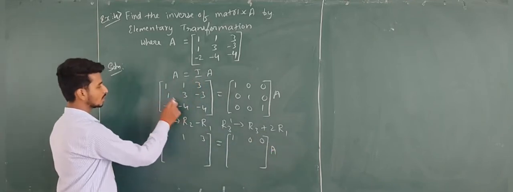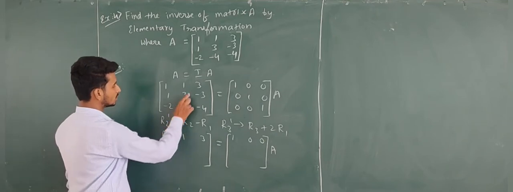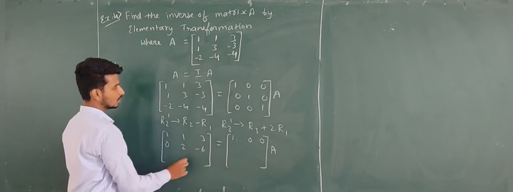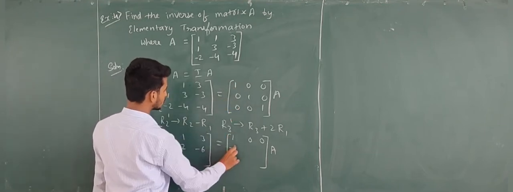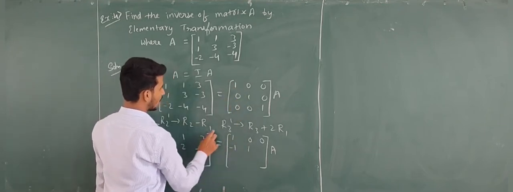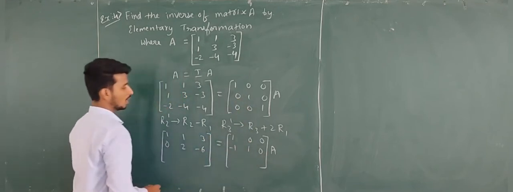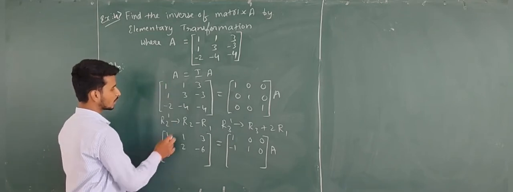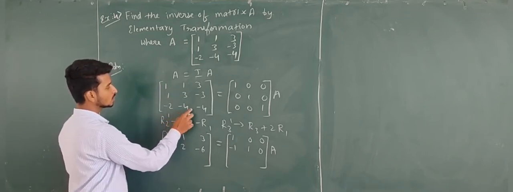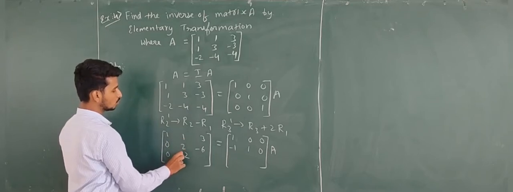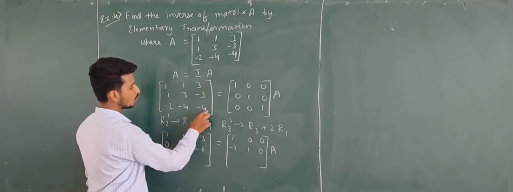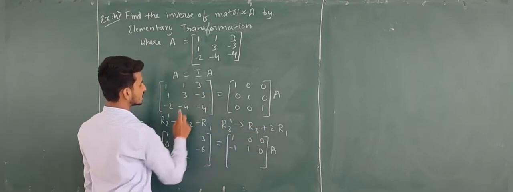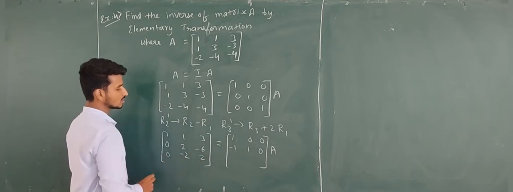So R2 minus R1, that is 1 minus 1 is 0, and 3 minus 1 is 2, minus 3 minus 3 will be minus 6. So 0 minus 1 will be minus 1, 1 minus 0 will be 1, and 0 minus 0 will be 0. Next R3 plus 2R1: minus 2 plus 2 will be 0, and minus 4 plus 2 will be minus 2. Next, minus 4 plus 2 times 3, that is 6 minus 4, will be plus 2.